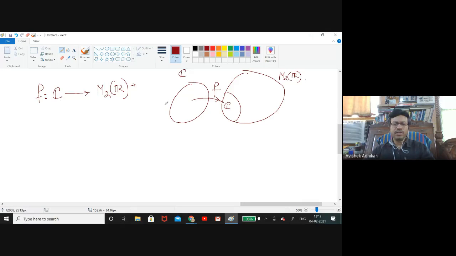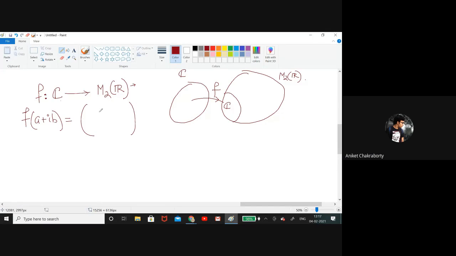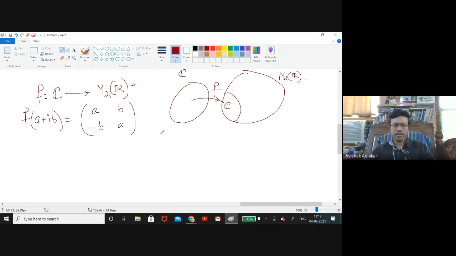Can somebody try to give me a function? So one complex number a plus bi looks like this, right? How should it be? I'll map it to the matrix with a, b in the first row and minus b, a in the second row. Okay, so he has given a mapping, and suddenly this belongs to M2(R), right? There is no doubt about that.